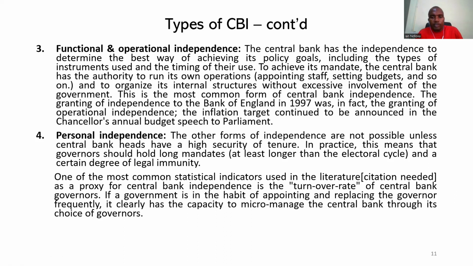One of the most common statistical indicators used in the literature is the turnover rate of central bank governors. The government must not have this habit of appointing and replacing governors frequently, as and when they are happy with them or no longer happy with them.